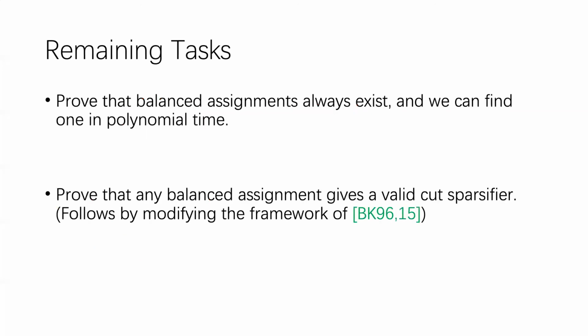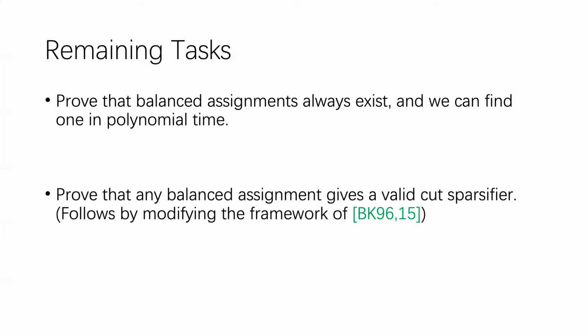To prove the result, we have two tasks. Due to the time limit, they won't be covered in this talk. The first task is to prove that balanced assignments always exist, and we can find one in polynomial time. The proof is quite involved, and in fact we can prove that there exist assignments such that for each E, kappa_E and kappa_max_E are the same, although such an assignment might not be findable in polynomial time.